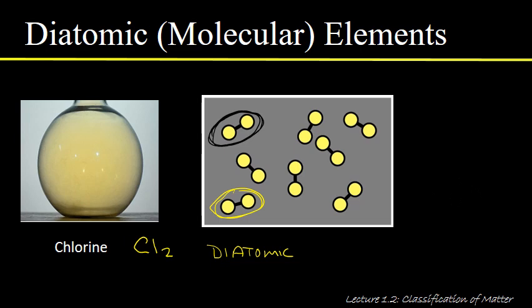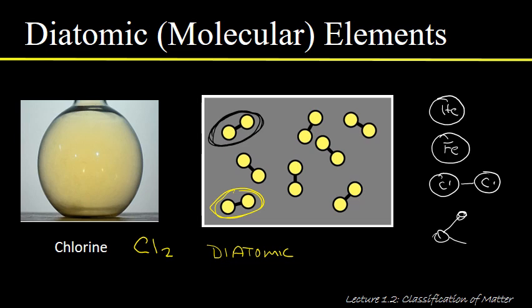Right? It can be something that exists in single atoms, like helium, or metals, like iron. It can be something that exists in small molecules, like chlorine or phosphorus.